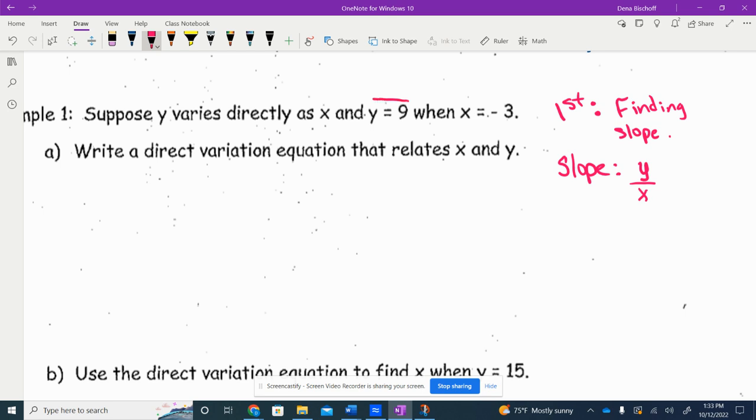We know that if y varies directly as x, that when y is 9, x is -3. So that means that my slope is y, which is 9, over x, which is -3. So can someone tell me what my slope is? What is 9 over -3 when I reduce it? Yeah, my slope is -3.